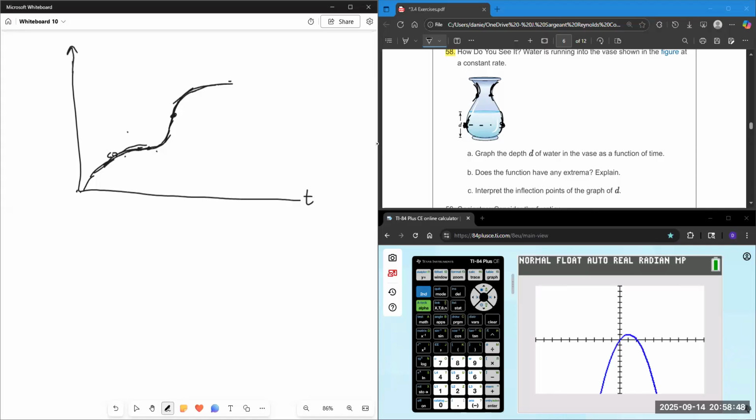So let me see if I can put that into words here. So does the graph of the function have any extrema, which is question B? No, it does not, because the depth of water in the vase is always increasing.